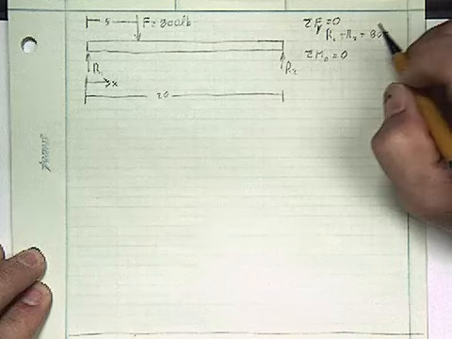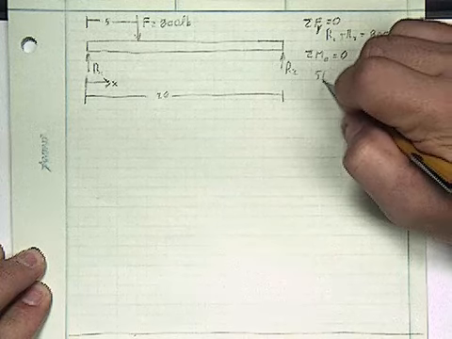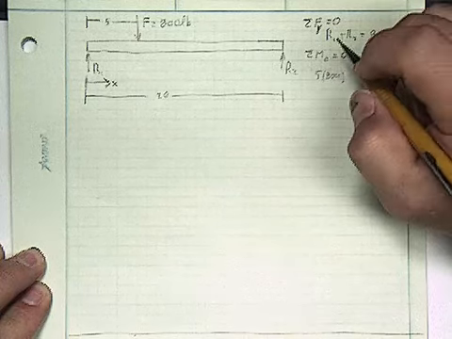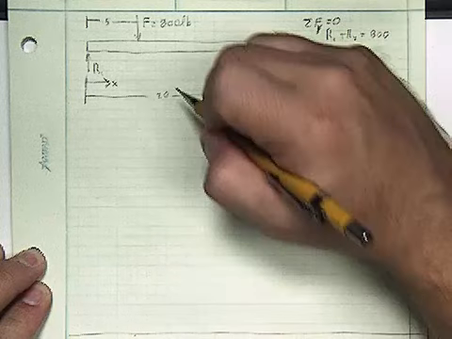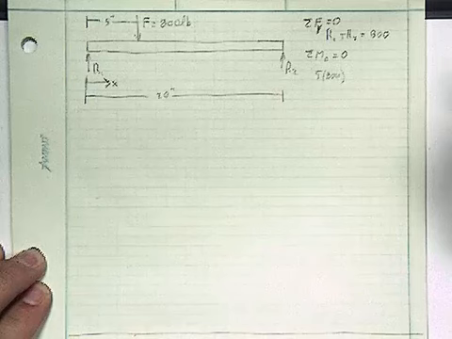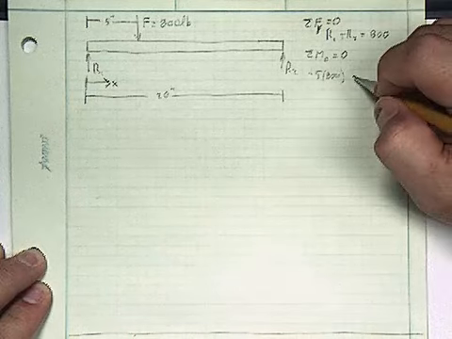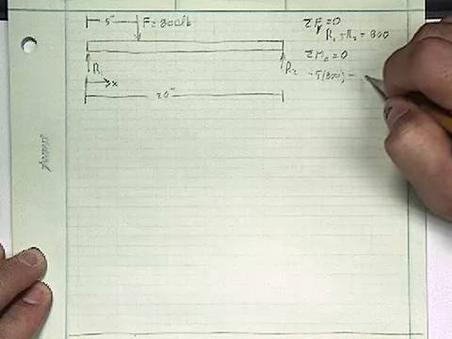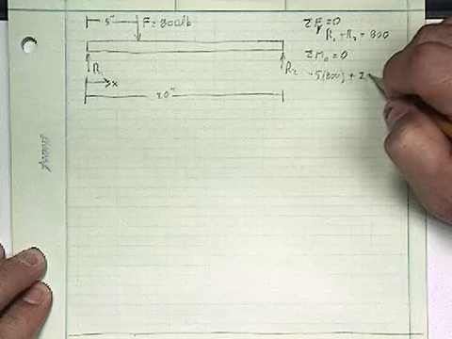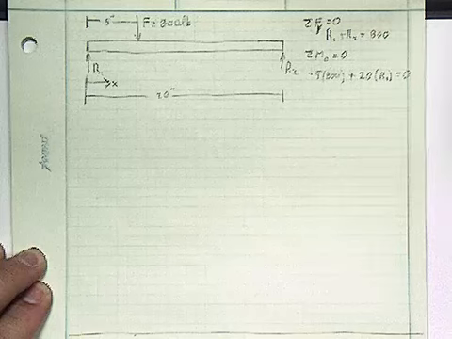So let's see what that looks like. We've got 5 times 800. This is going to be inch pounds. Maybe I should give units here for my lengths. This is going in the clockwise direction, so I'll call it negative, plus 20 times R2 is equal to 0.